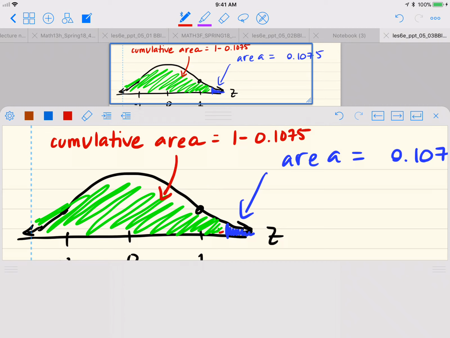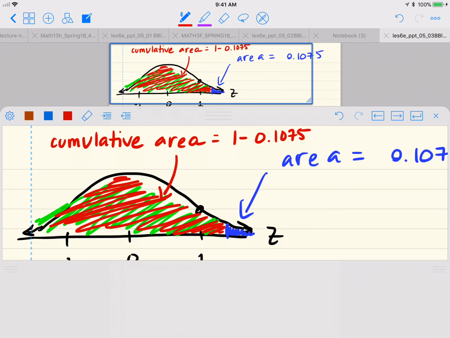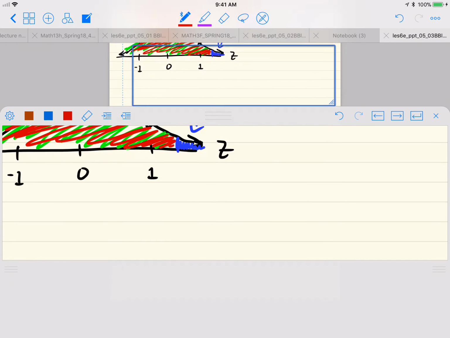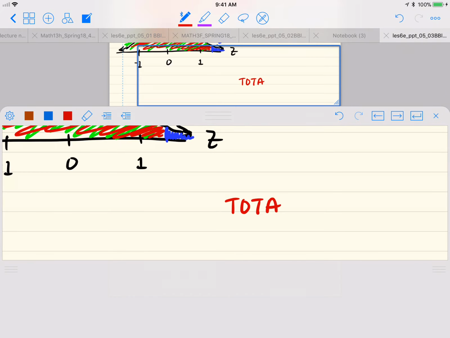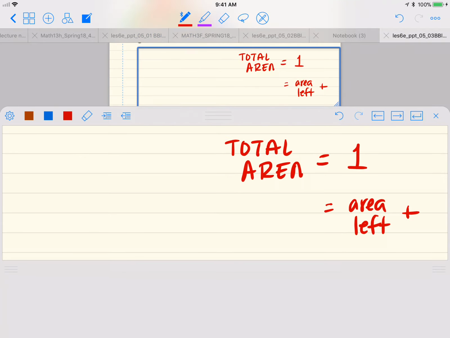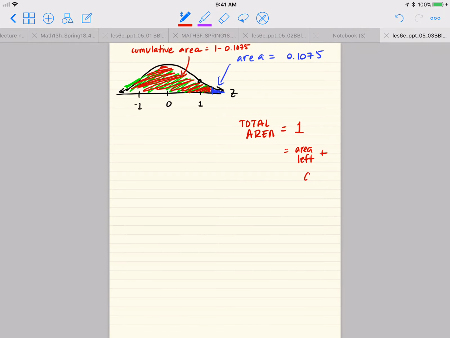That's this area here, right? So all of this is 1 minus 0.1075. Now how did I get that for the cumulative area? I got it because the total area has to equal 1, and that's going to be the area to the left plus the area to the right. Okay, so the cumulative area is the area to the left.